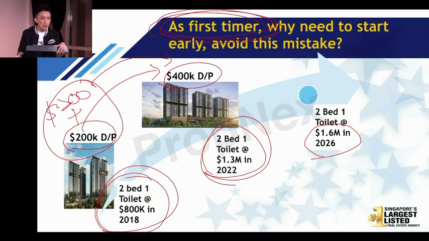You see, just 3-4 years down the road, the price of a property has grown by so much. I bought in 2015 a studio for my daughter, 385,000. Studio, oh, you cannot imagine, I could still buy in 2015 for 385,000. Today, easily $1 million. So can you imagine?